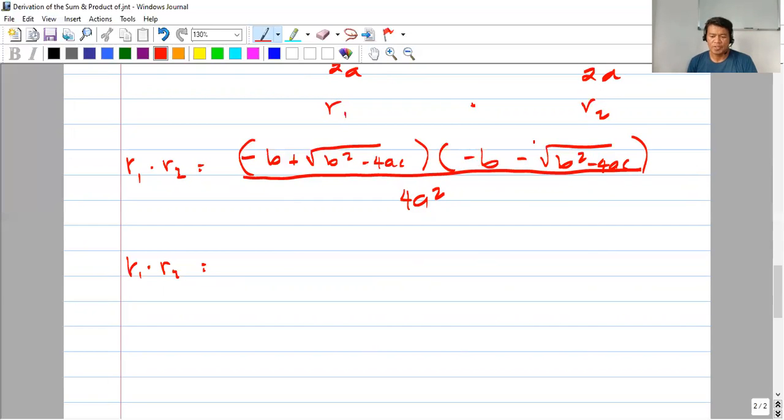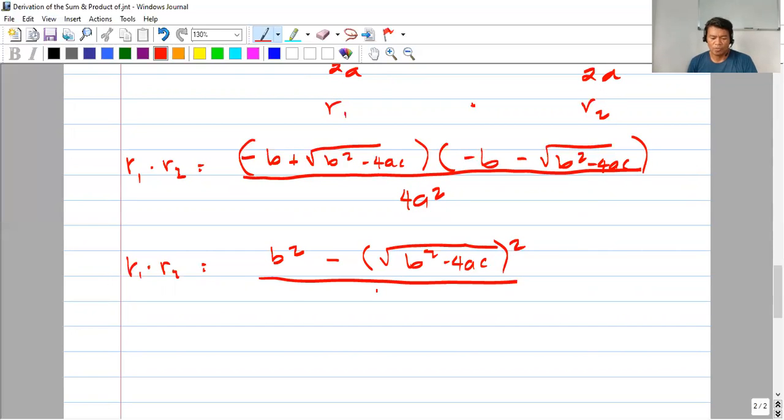In a difference of two squares, we obtain two quantities being squared, separated by a minus sign. So here we have negative b times negative b, which is positive b squared. Positive times negative is negative, and the square root of b squared minus 4ac is a quantity raised to the second power, all over 4a squared.